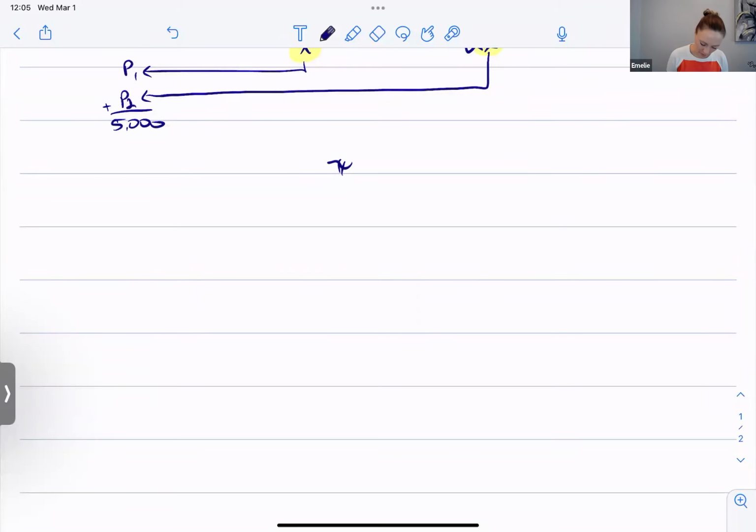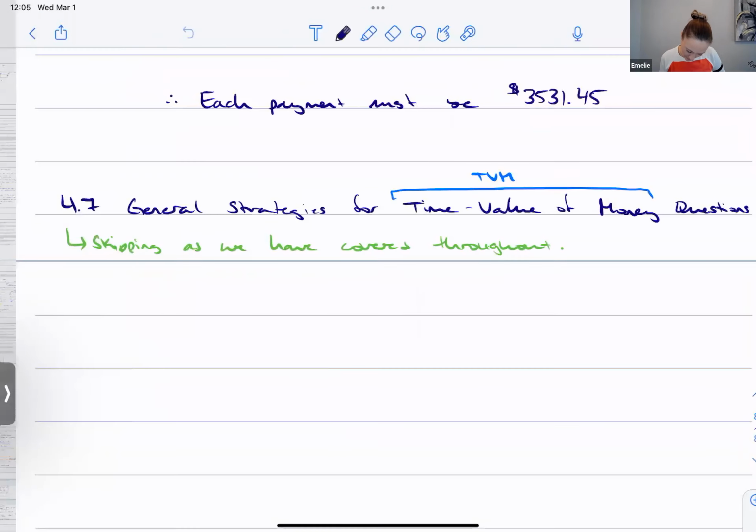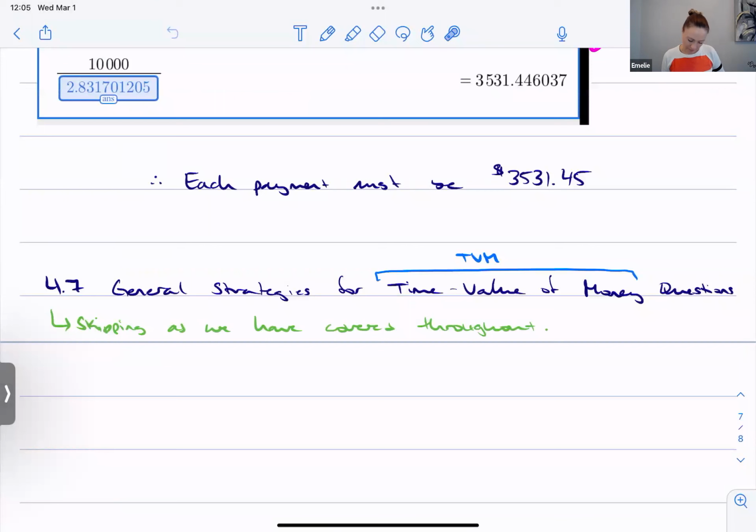All right, so I did sneak into our notes from last day that section 4.7 just talks about general strategies for solving these questions. And so I try to highlight that as we go. Pick out all the dates.